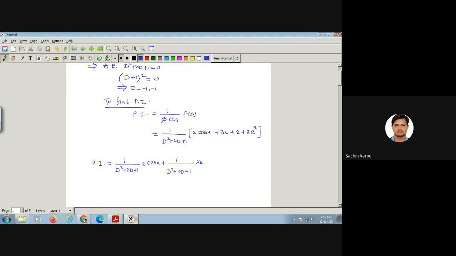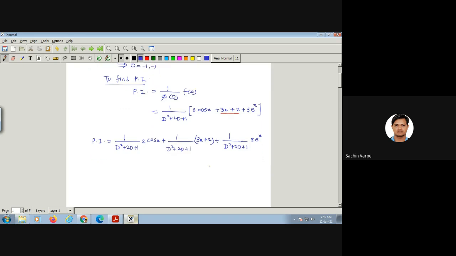I can treat this 3x plus 2 as a polynomial, right? Or I can separately consider 3x and separately consider 2. That is also one and the same. Plus 1 upon D square plus 2D plus 1 operated on 3 e raised to x. Is this step clear to everyone?